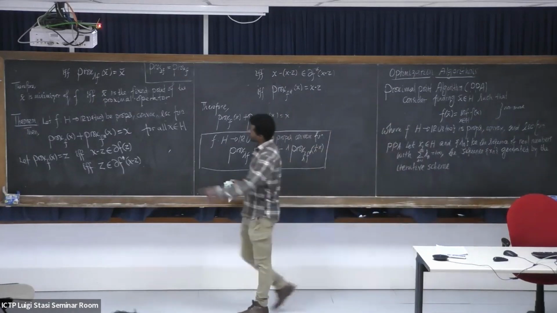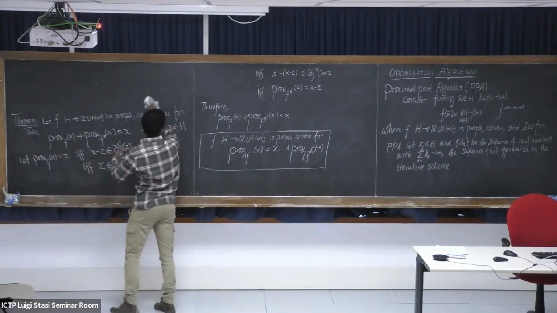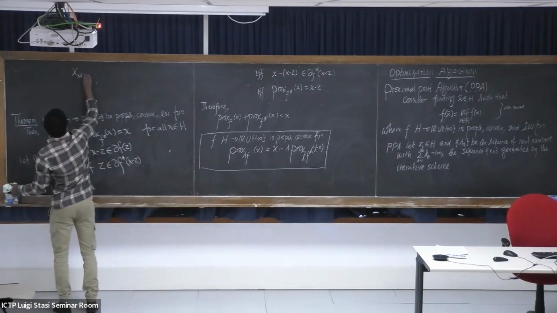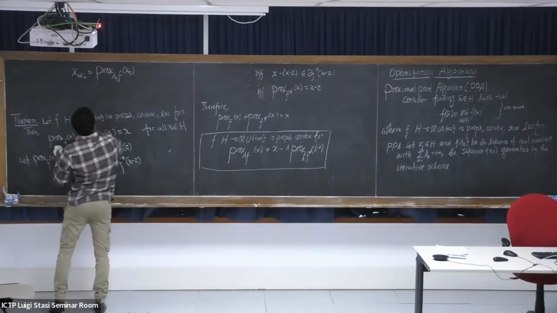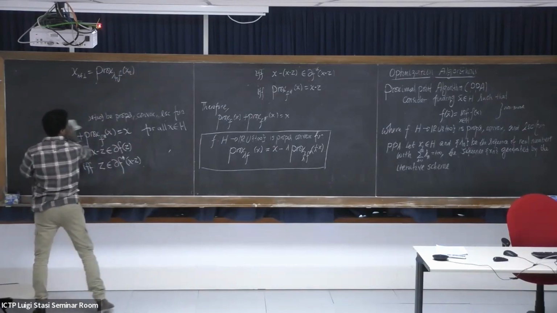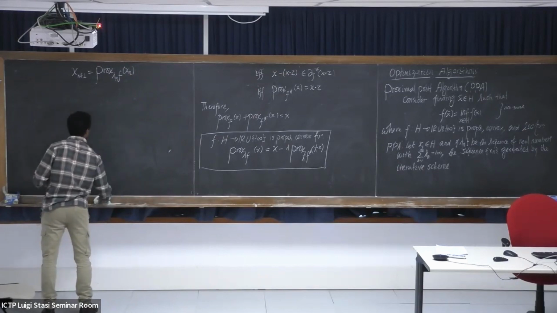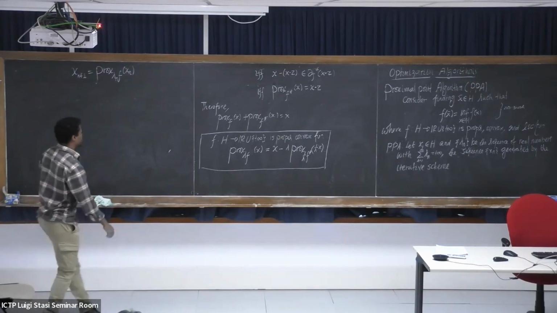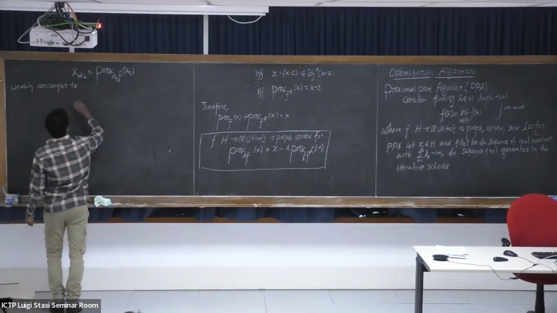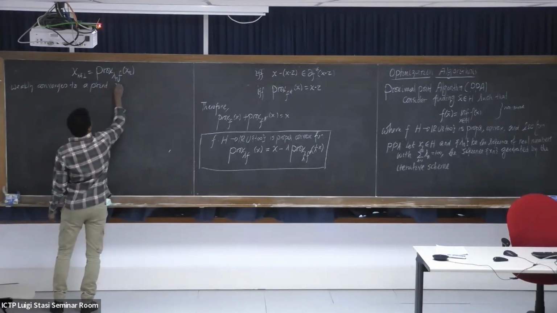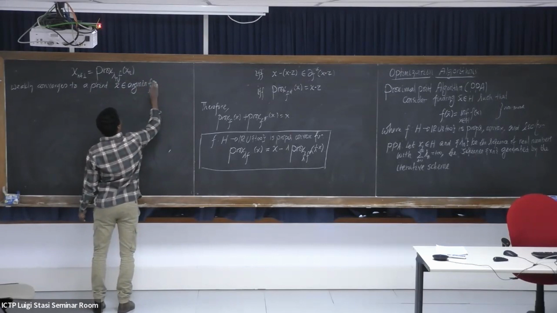Having this concept, the sequence generated by this one weakly converges to a point x bar, an element of argmin of f.